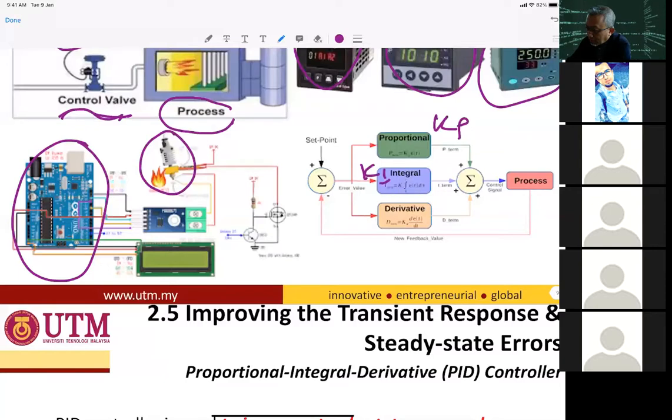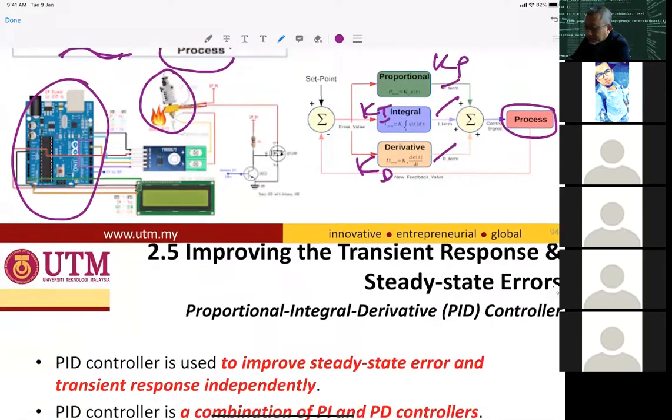Integral stands for the Ki, the integral, and Kd is the derivative. Meaning that we are trying to apply a PI and PD together, simultaneously in one control system. So that's why you have P, I, and D in parallel connections, to be summed and to control the process, which is over here.